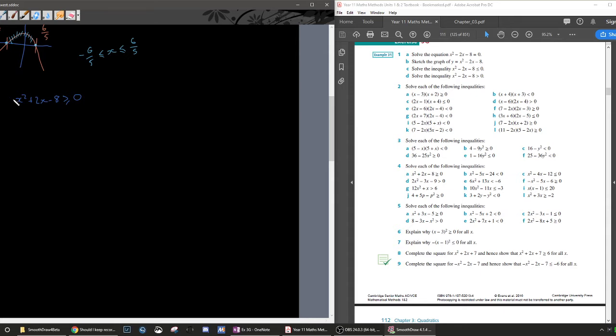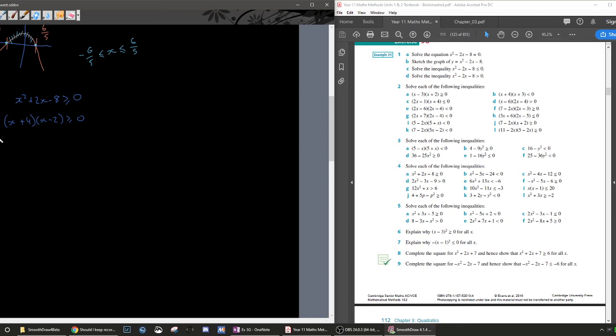So it has no coefficient in front of the x squared term. I'm going to try and factorize via inspection. So factors of 8 that add to give 2. So that would work as x plus 4, x minus 2. Yeah, positive 4 times negative 2 gives me negative 8. Positive 4 minus 2 gives me 2, so that works.